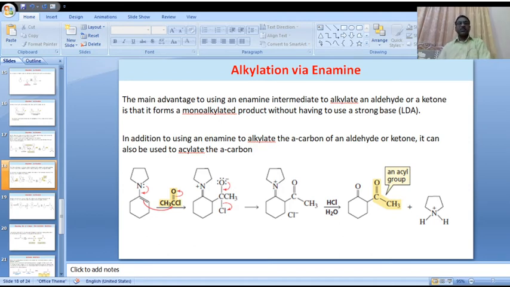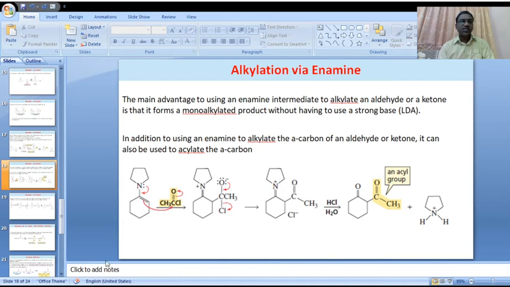Here, instead of LDA, we are using the enamine formation. The main advantage is that it alkylates an aldehyde or ketone to give a monoalkylated product without using this particular LDA.